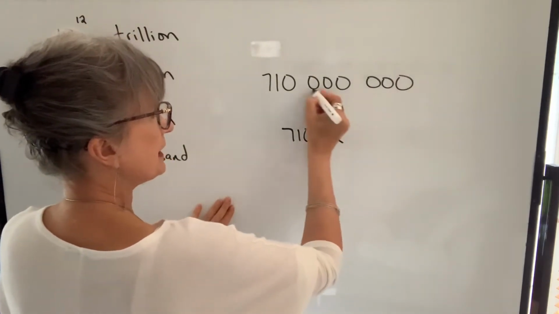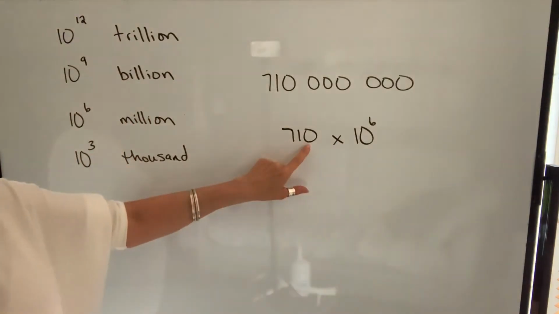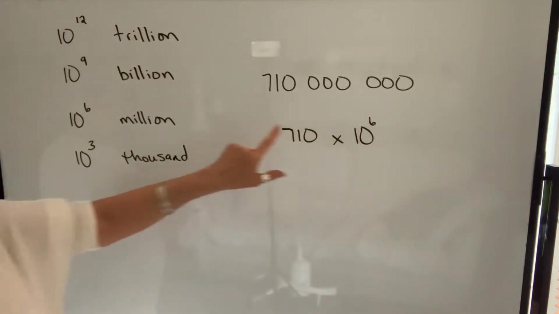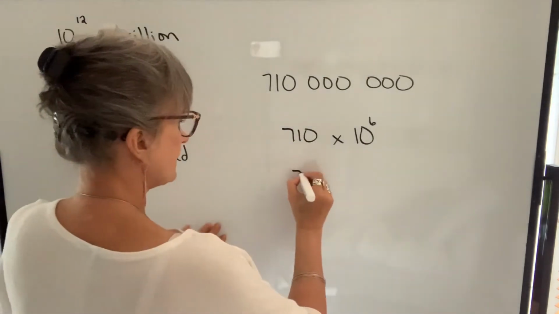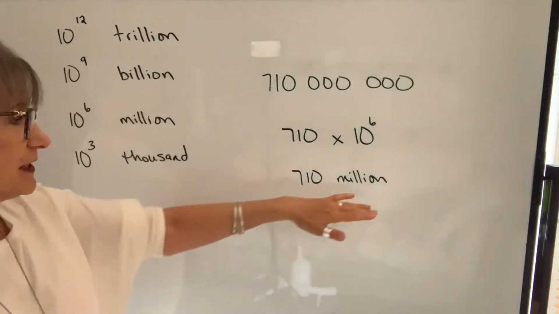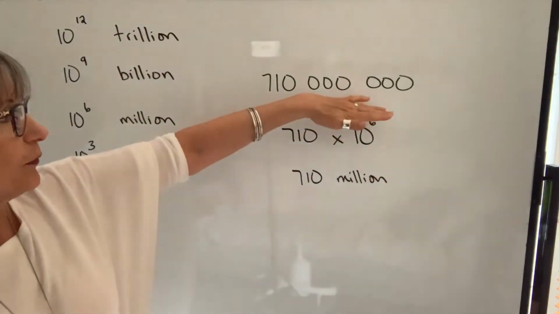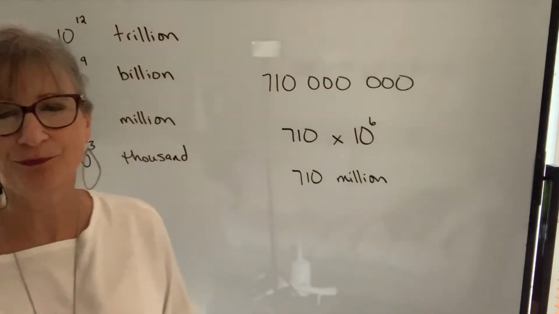And we moved it 6 places, so that's 10 to the 6th. So this is 710 times 10 to the 6th, and we know 10 to the 6th is equivalent to 1,000,000. So we could write this as 710 million. And that's often easier for people to understand when they see it with a lot of zeros, especially when we get into billion and trillion and so on.